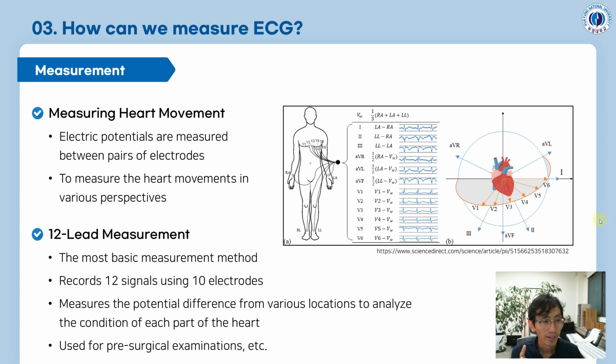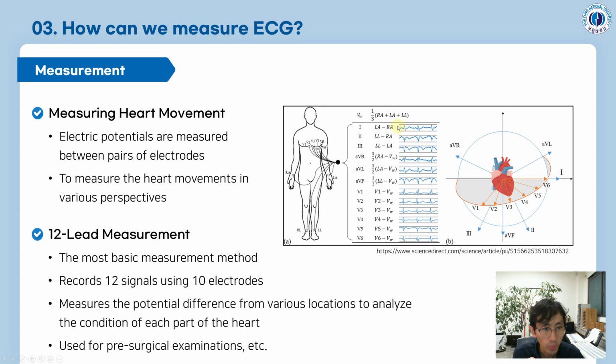I told you that we need at least 2 electrodes. So we can make pairs like a left arm and a right arm. Simply, we just subtract the right arm signal from the left arm signal, and we say LA minus RA.